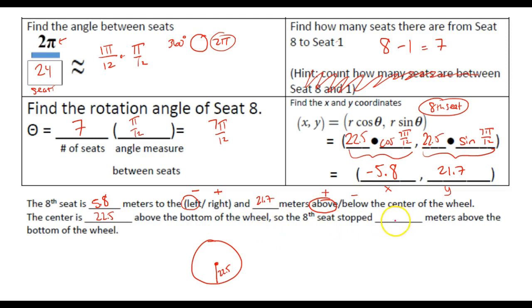And since this is stopped about 21.7, what we could do is add 22.5, which is from here to here, to that 21.7, if I could draw it. And let's figure out about how many in total that is above the ground, which should be about 44.2 meters above the ground if you added those together.